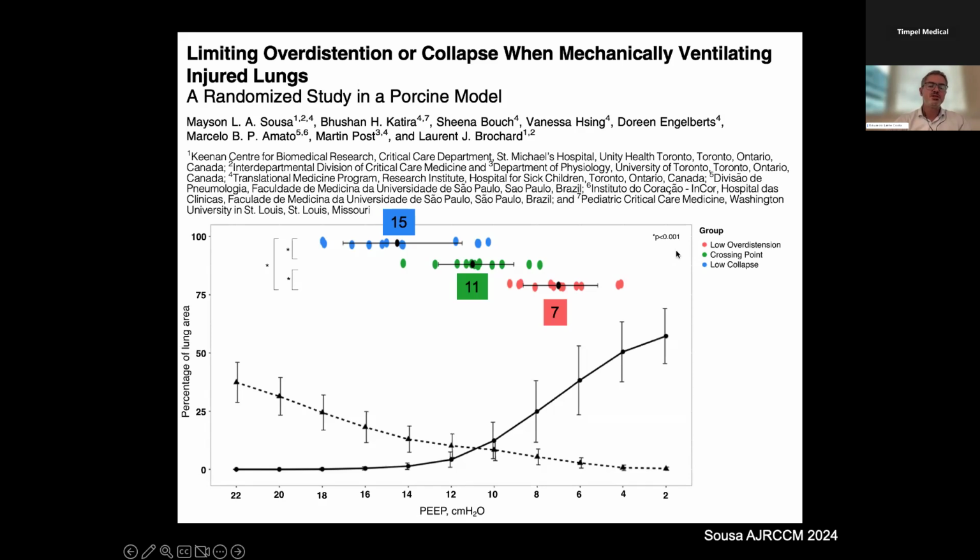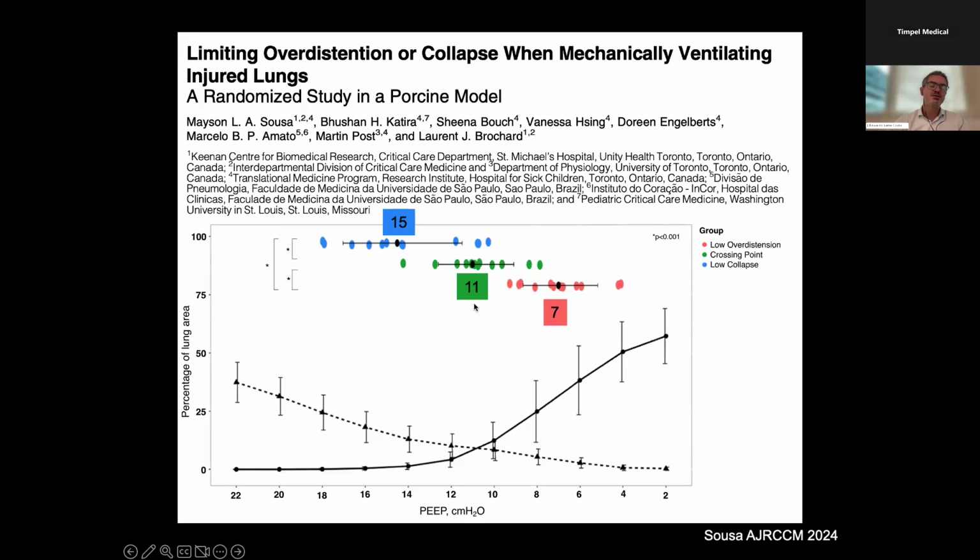And their PEEP choices would be different according to each group. This group would require low collapse, so less than 3% collapse. And as a result, they required on average 15 centimeters of water of PEEP. This group would require less than 3% of overdistension, so they would decrease PEEP to obtain less than 3% of overdistension. So PEEP levels were on average 7.